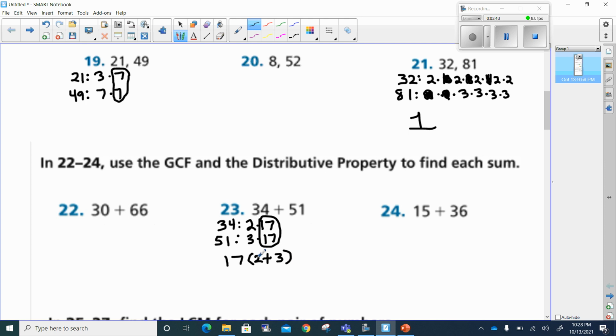Now I could go ahead and solve it by saying 2 plus 3 is 5. And that would make this 17 times 5. Well, if I took 17 times 5, that would give me 85.